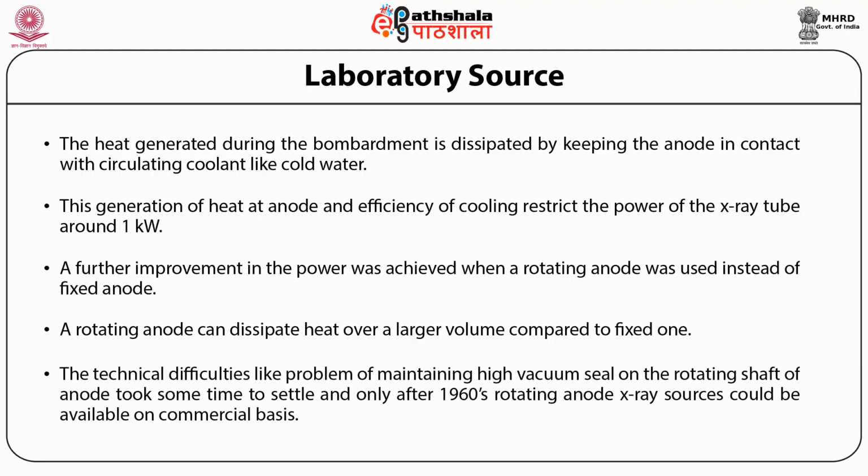The technical difficulties like the problem of maintaining a high vacuum seal on the rotating shaft of the anode took some time to settle, and only after the 1960s could rotating anode X-ray sources be available on a commercial basis.